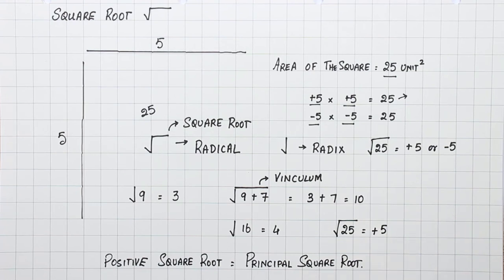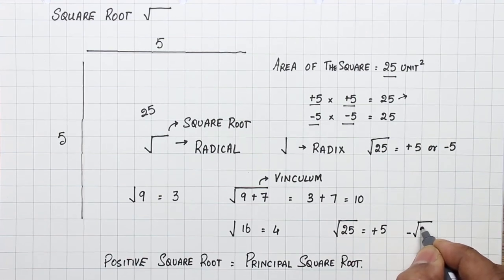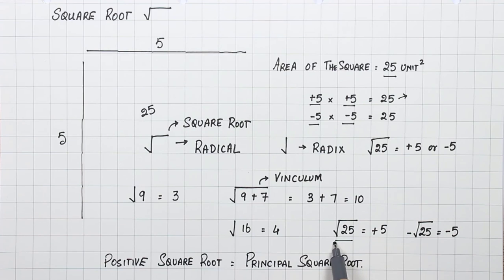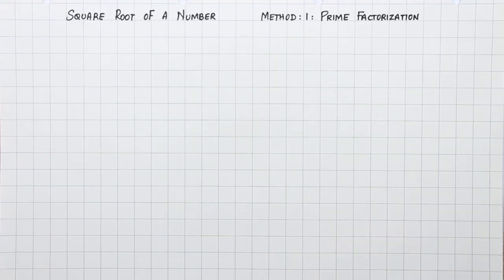If they are asking you to calculate the negative square root of this number, then it is represented as minus root 25, which is minus 5. So this symbol normally represents the principal square root, which is only the positive value of the square root.